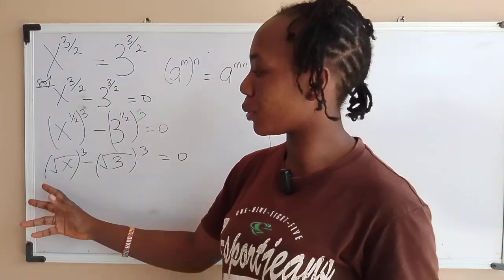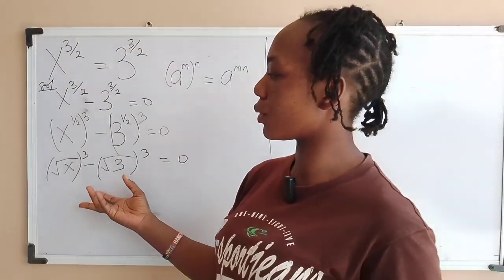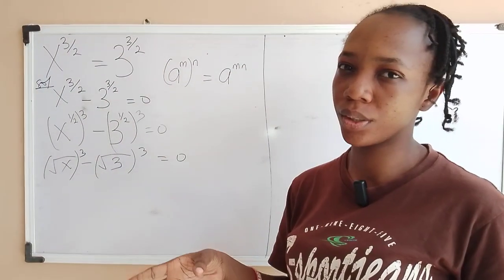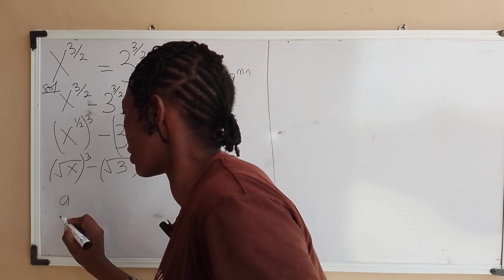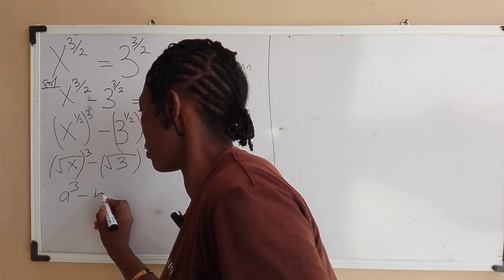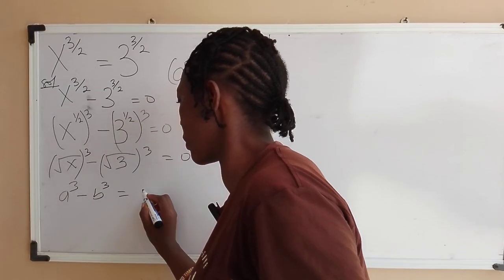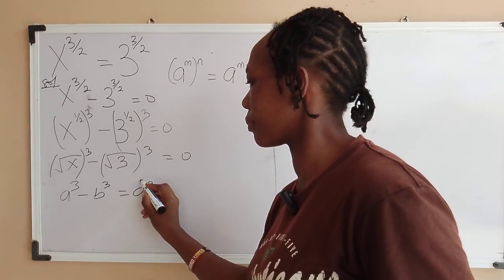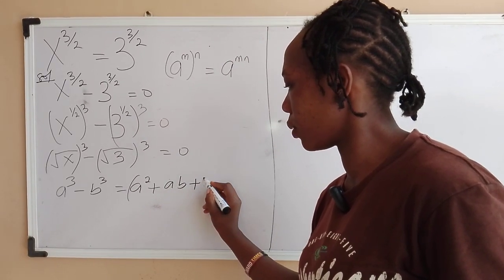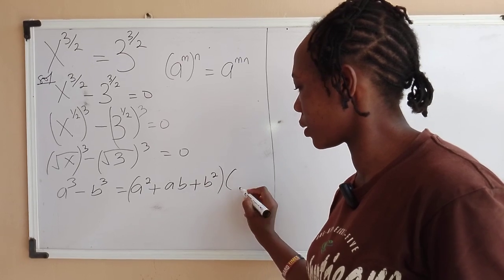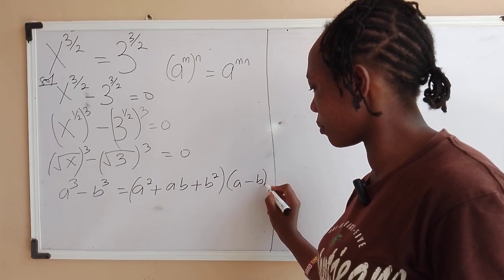Now, these are polynomials and we're going to solve them using the rule of polynomials. The rule says a^3 minus b^3 is the same thing as (a squared plus ab plus b squared)(a minus b).